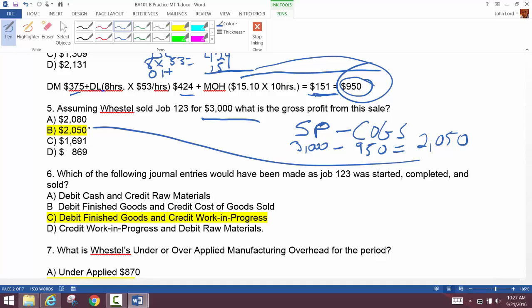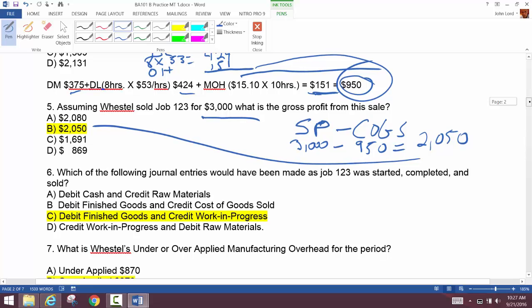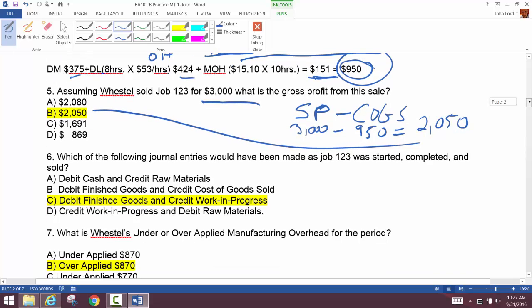Okay, good. So then I start asking you journal entries. I say, which of the following journal entries would have been made on job 123, as job 123 was started, completed, and sold? None of these other entries make any sense. A, B, and D are all nonsensical entries.